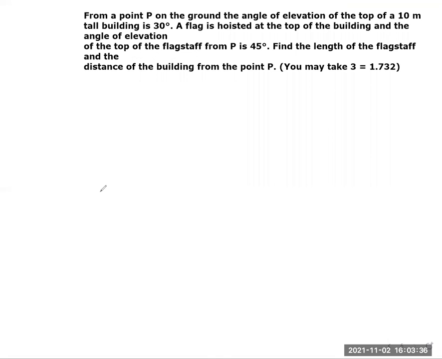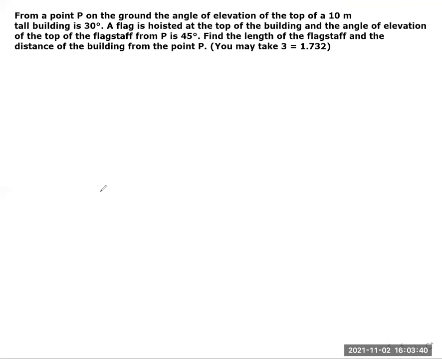So he says, from a point P on the ground, the angle of elevation of the top of a 10-meter tall building. So this is the 10-meter tall building. Let's say this is point P on the ground.